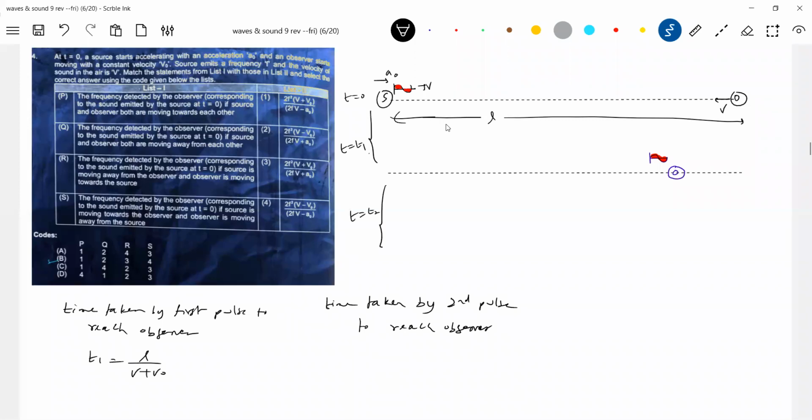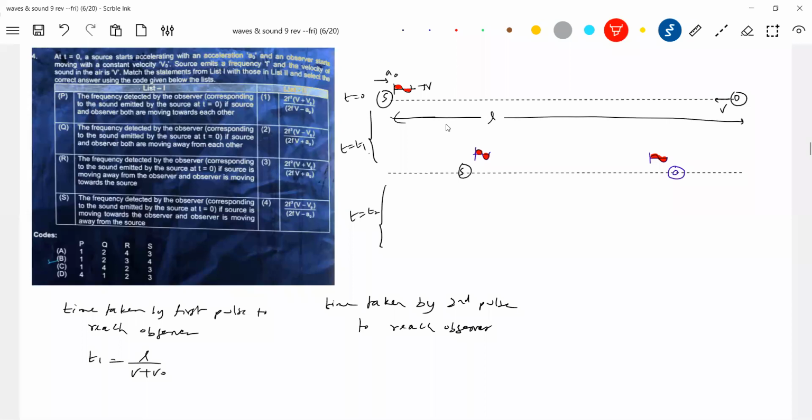When the second pulse is generated after some time, the source will be somewhere here, for our understanding purpose. I can't give an exact diagram. I just wanted to make you think that I'm giving something. Now the second pulse will be generated. After what time?